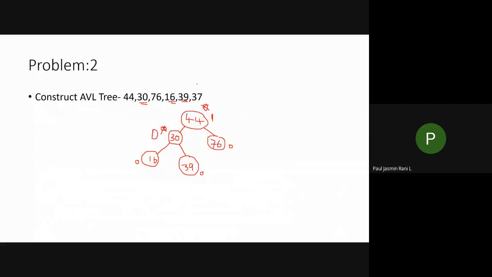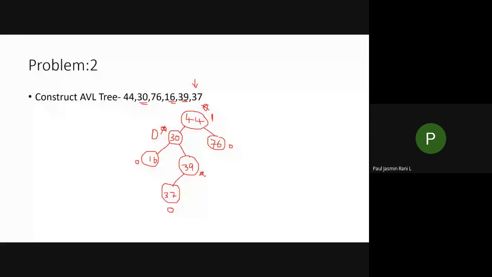This is an element to be inserted. Where will I insert this 37? Please tell me. Left of 39, ma'am. Yes, left of 39. Now you calculate your balance factor. So here I have inserted 37. Now tell me which is your alpha node. So 37 is 0. And this has to be updated.